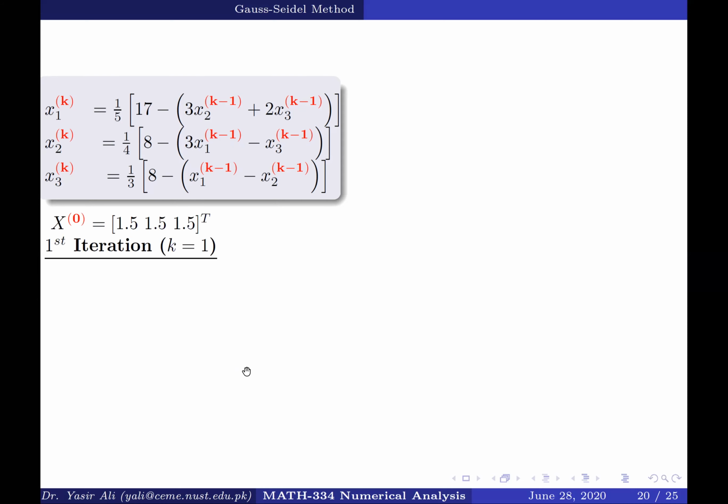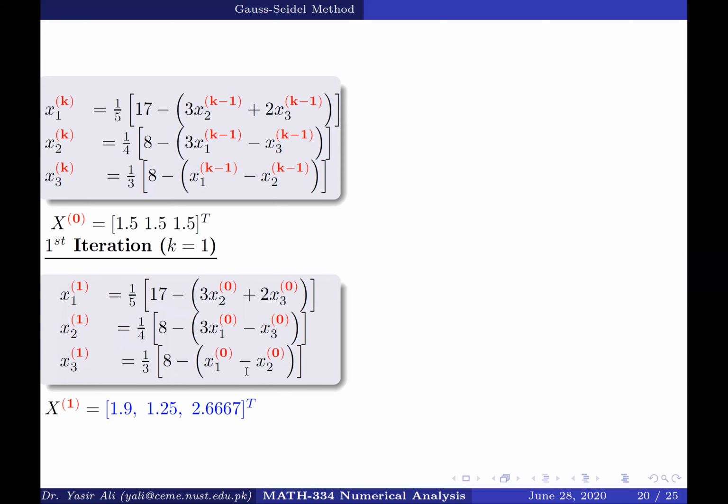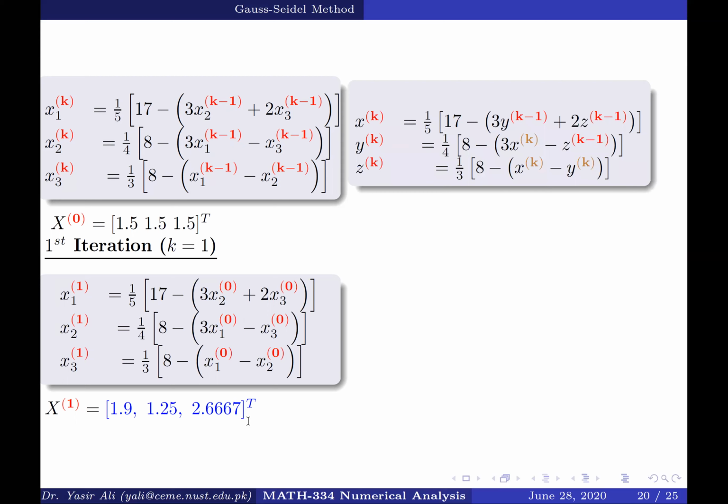Let's say we have initial guess as 1.5, 1.5, and 1.5 for all three components, and then I can compute the first iteration by using 1.5 for each variable, and the new iteration is 1.9, 1.25, 2.667. Whereas in case of Gauss-Seidel method, I have to use some new and some old values.